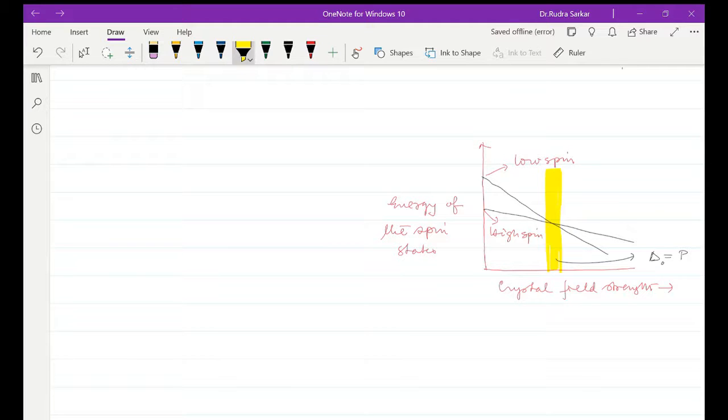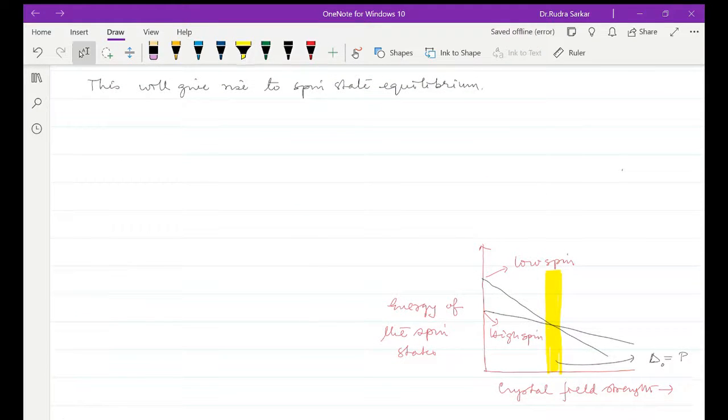This region actually lies within the thermal range. Okay, so we would like to say the crossover region is in the range of thermal energy.